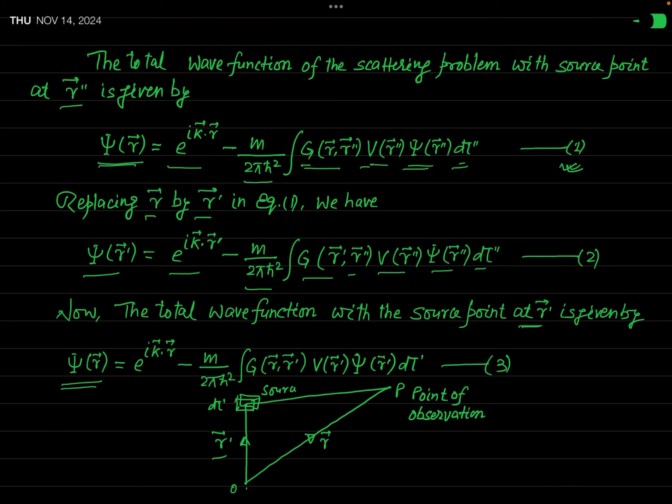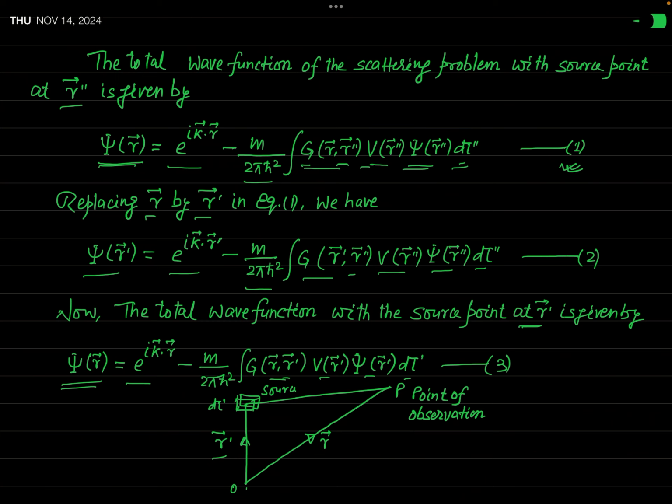So on the basis of equation 1 you can write psi of r now is e to the power i k dot r minus m over 2 pi h bar square integral of G of r comma r dashed, you can see instead of r double dashed I have written here r dashed, and V of r dash psi of r dash d tau dashed.